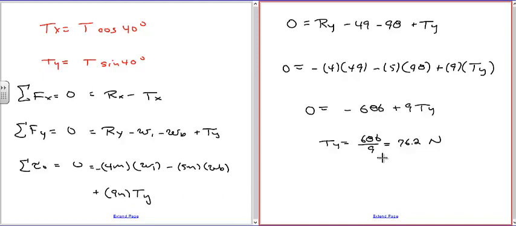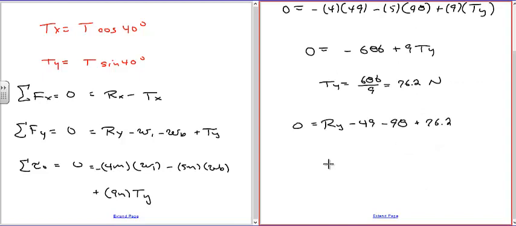So in some ways, this is easier than the ones we've been doing before. Sometimes we had two equations and two unknowns. Here, we have one equation and one unknown. We can solve for that, and then we can just substitute in. So now that we know t sub y, we can plug that into the sum of the forces in the y direction. So that's 76.2.